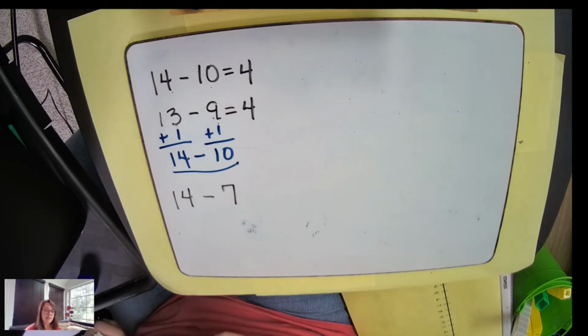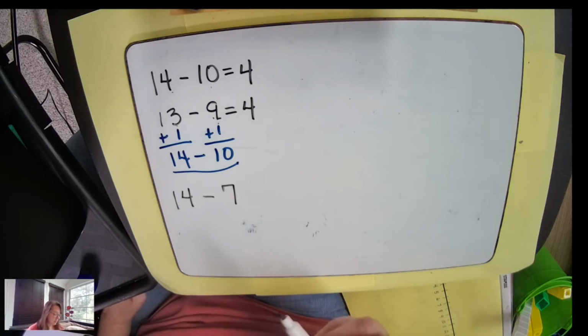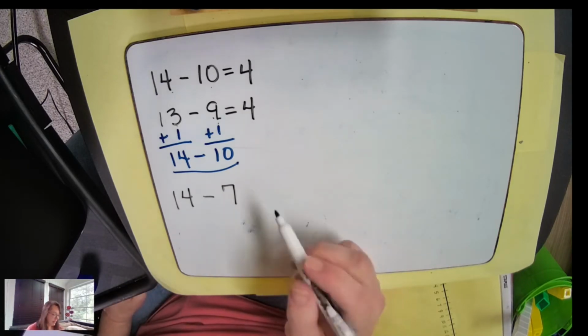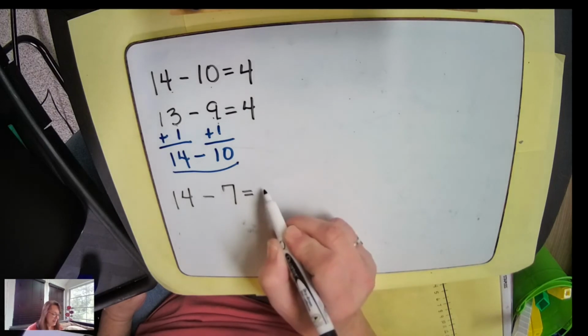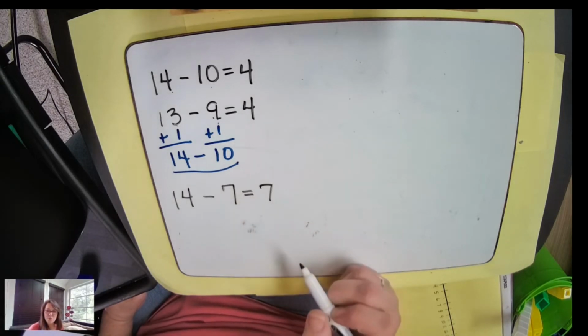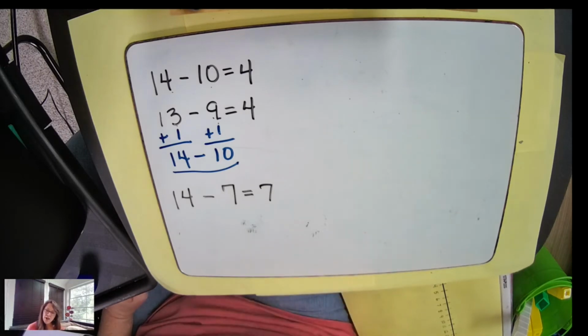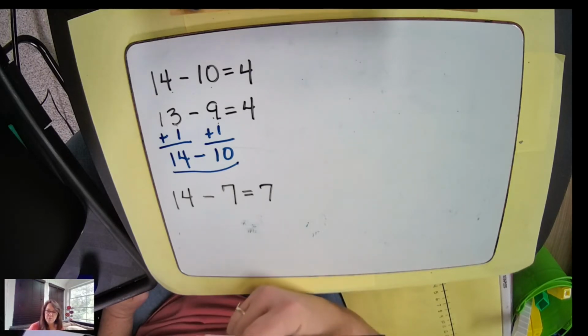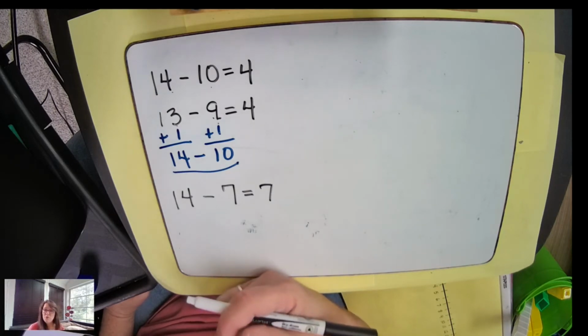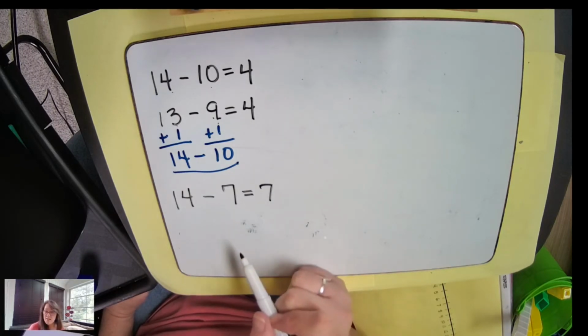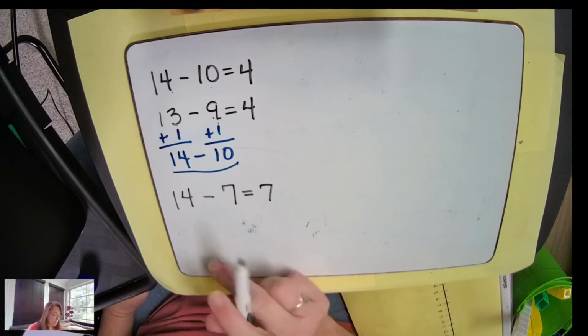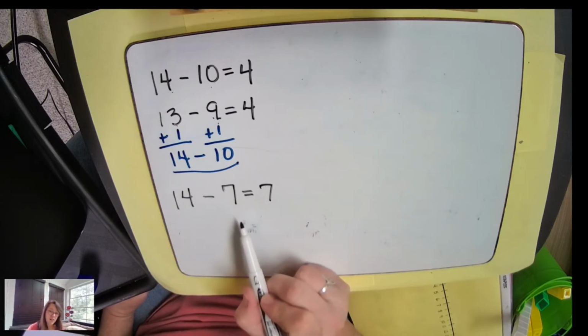Do we agree or disagree with 7? All right, I see that we all agree that the answer to this problem is 7. Maria, tell us, how were you thinking about this problem? Maria says this one was not too difficult because she knows her doubles facts.